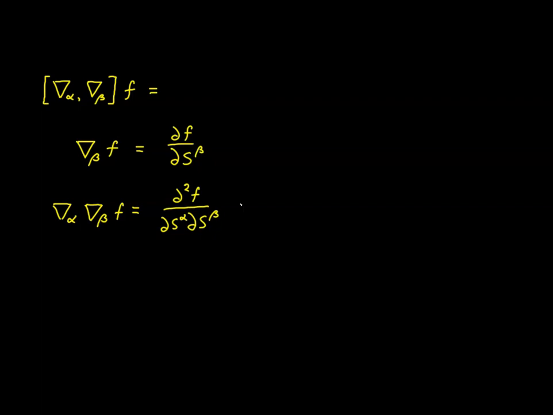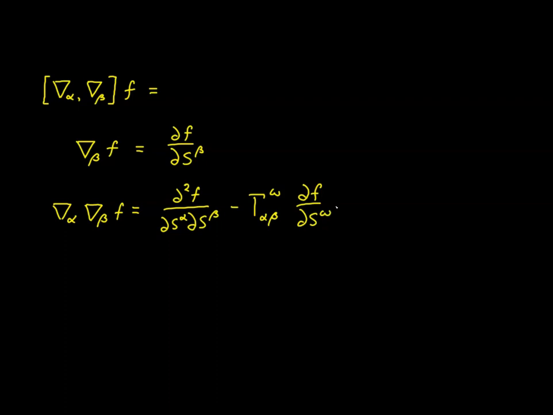So to complete this, we need a negative term, because the index is in the lower position, of gamma, with the indexes alpha and beta, and a dummy index that forms a contraction with the partial of f with respect to s omega.